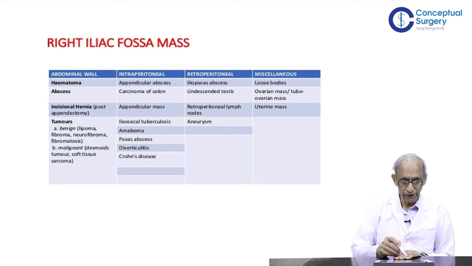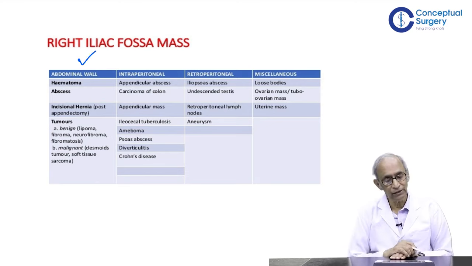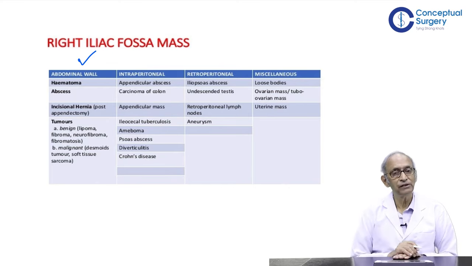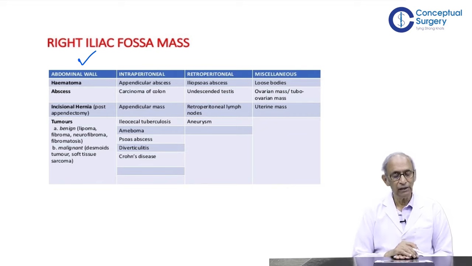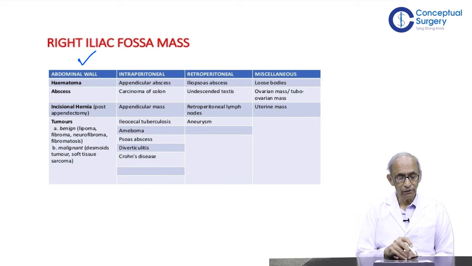So this is the wall side of things, right? And obviously these are anterior to the viscera. When they are present in the abdominal wall, when you do either a leg raising test or a head raising test, these masses are likely to become fixed, and their mobility is likely to get limited, and they might even become taut. So you have to make a distinction whether they are inside the abdomen or outside the abdomen, which is a routine with any kind of abdominal lump.